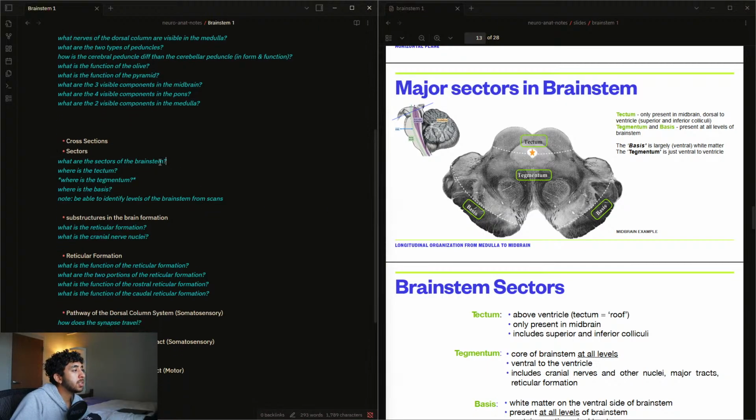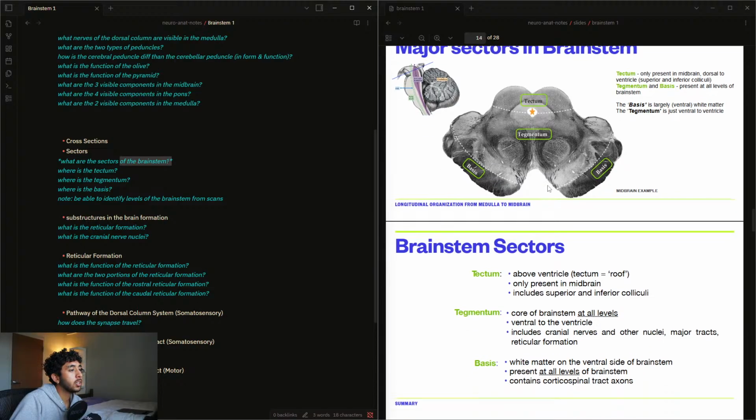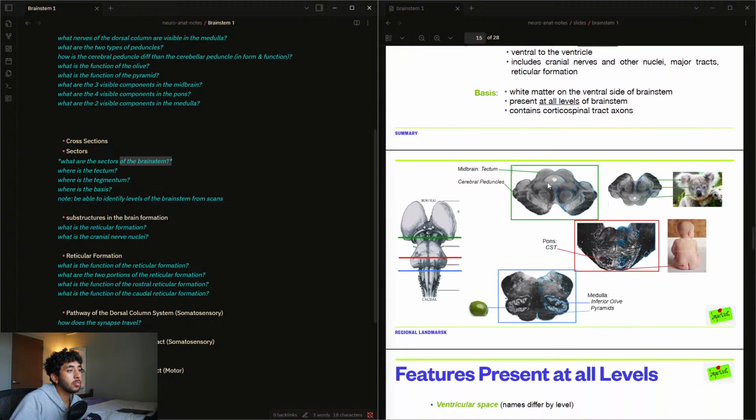What are the sectors of the brainstem? Tectum. Okay, well, we have to be careful here because there's a brainstem, and in the brainstem there's the midbrain, pons, and medulla. So what are the sectors of the midbrain?